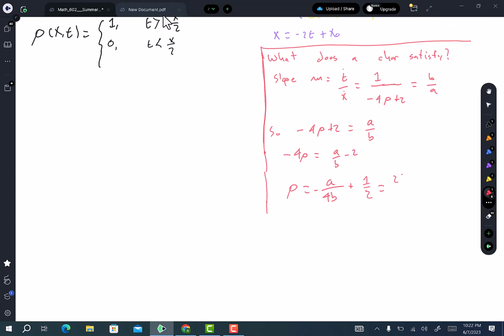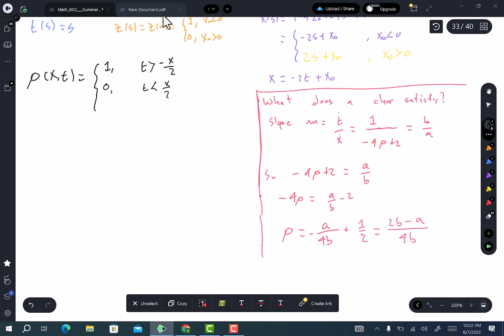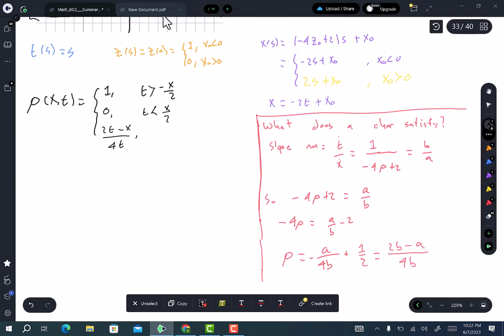And so this becomes 2b minus a over 4b. And so over here, we would get 2t minus x over 4t.